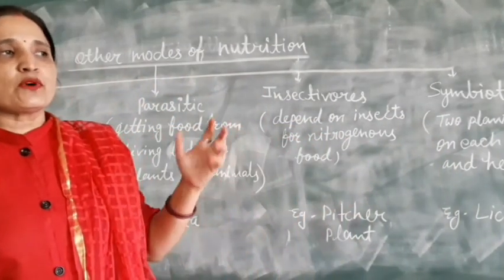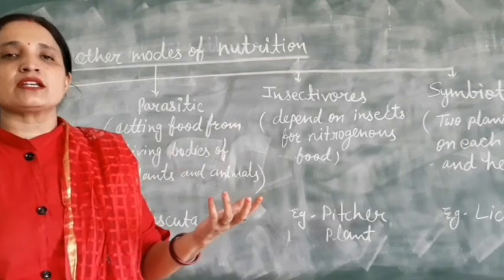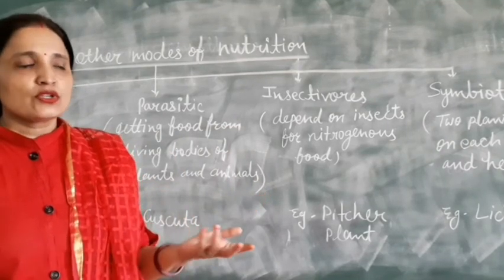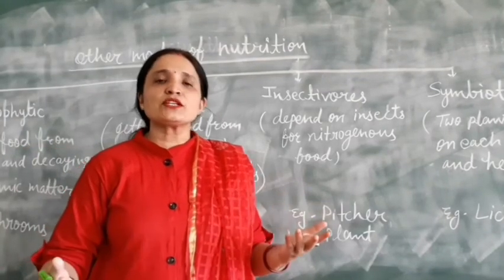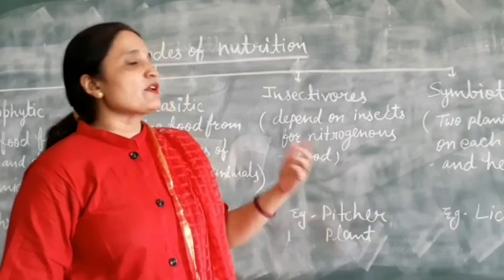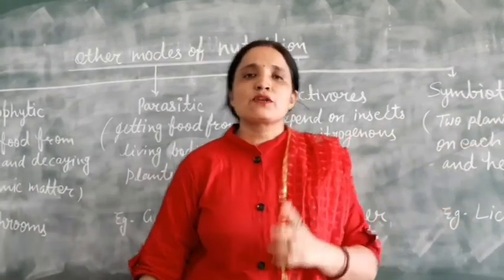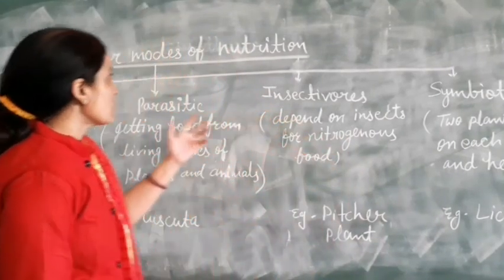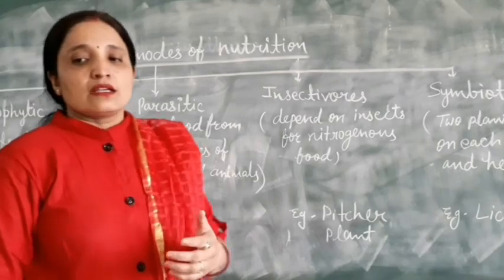So one is forming food, and the other is giving water and minerals for photosynthesis. Both are beneficial to one another, both are helping each other. This type of relationship is known as the symbiotic relationship. So these are the other modes of nutrition.